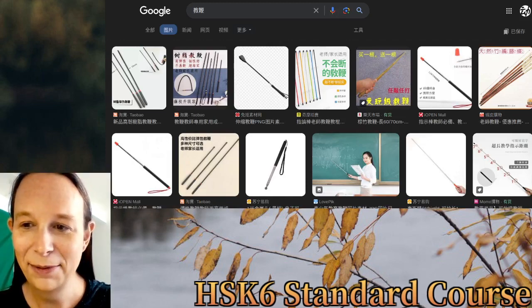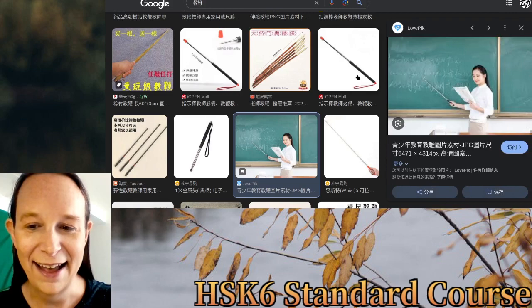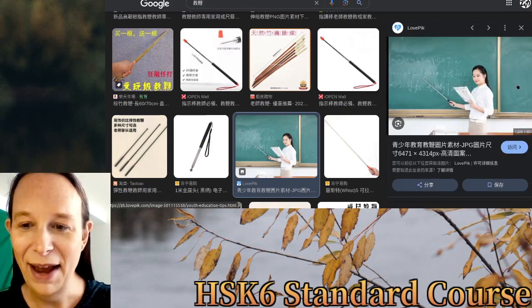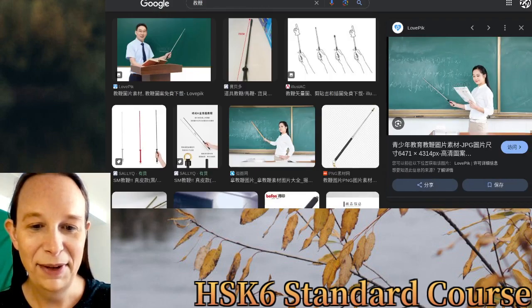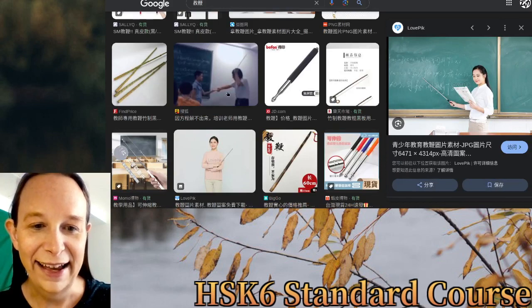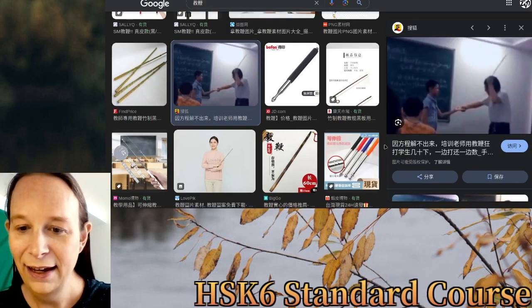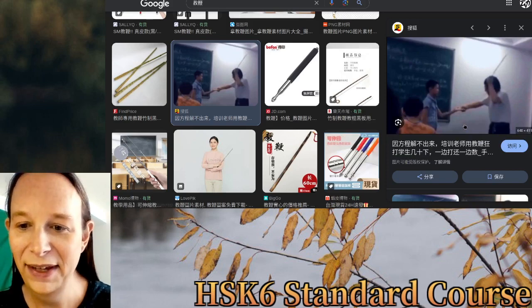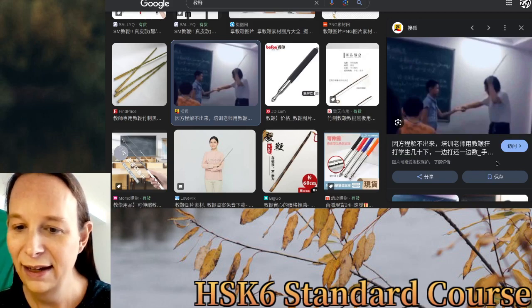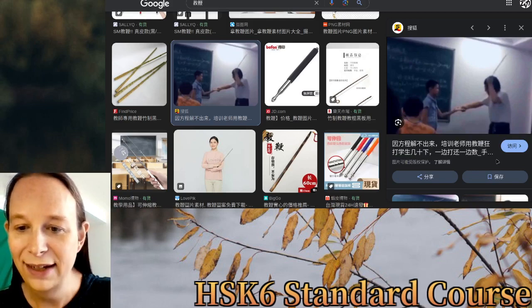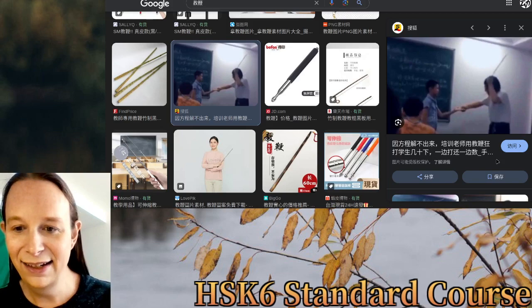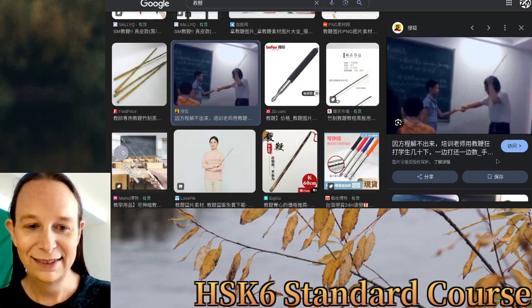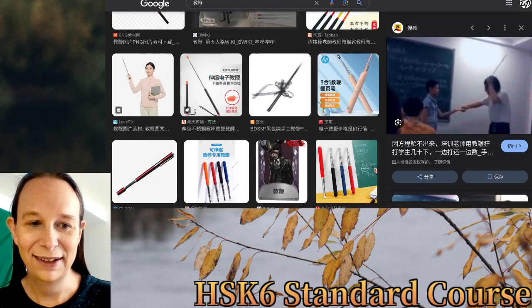Yeah, I think that's what it's meant for. Pointing to the blackboard. But it's more like this: 方程解不出来 because he cannot solve the equation. 培训老师用教鞭狂打学生. Yeah, that's not good.